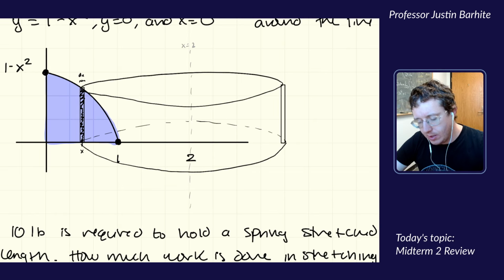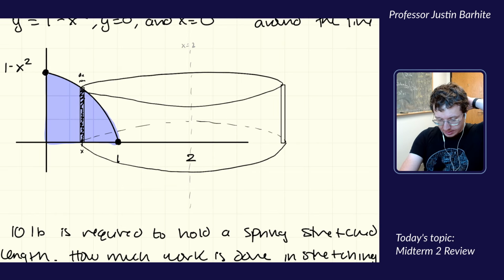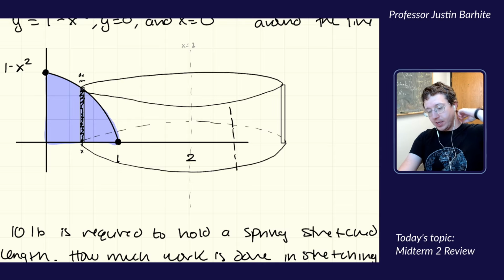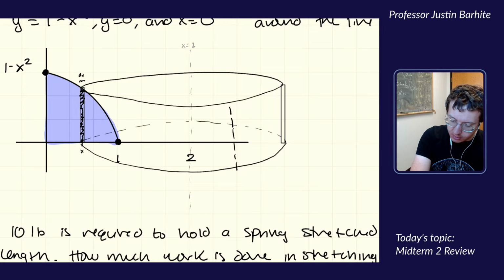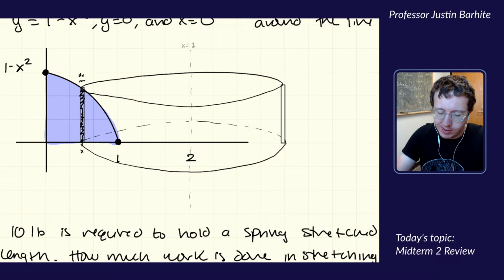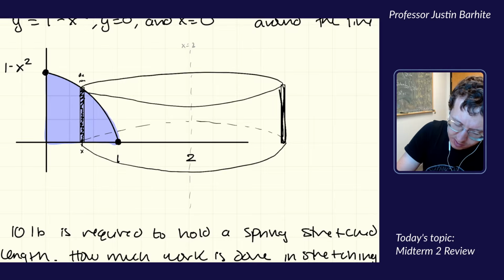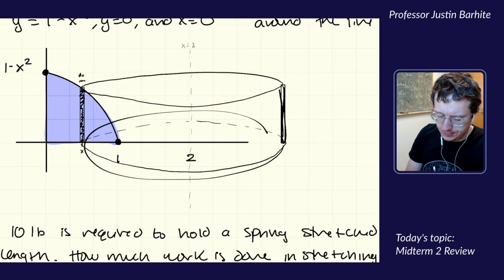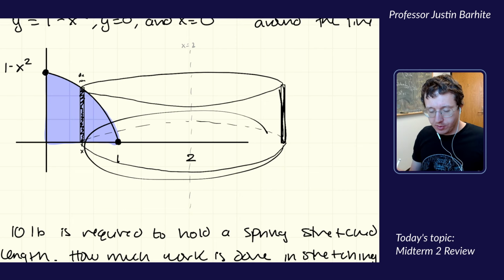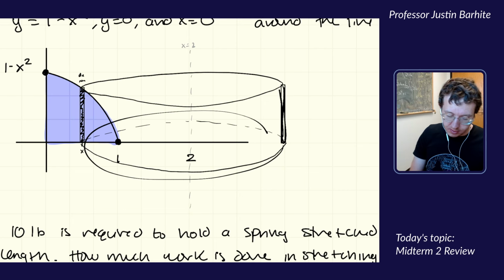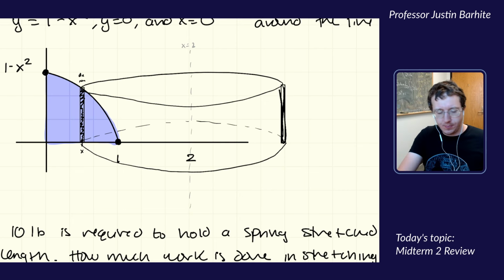And the way that we do this is by imagining slicing the shell open and unwrapping it, and then it's a rectangle. It's a rectangle whose dimensions are the height and then the circumference. When we unwrap it, the circumference of the original shell becomes the width of the rectangle.